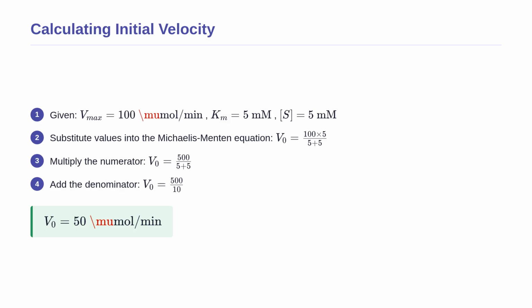The numerator becomes 100 times 5, which is 500. The denominator becomes 5 plus 5, which is 10. Dividing 500 by 10 gives us our final answer of 50 micromoles per minute. Because the substrate concentration equaled the Michaelis constant, the reaction proceeded at exactly half of the maximum velocity.